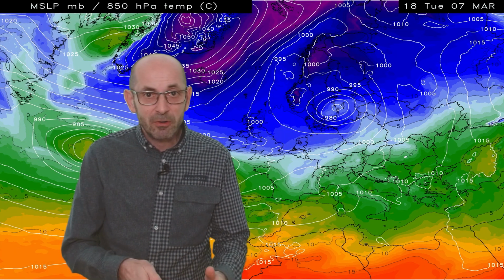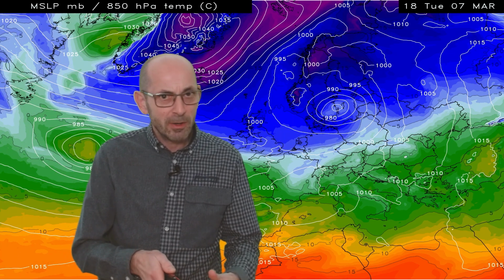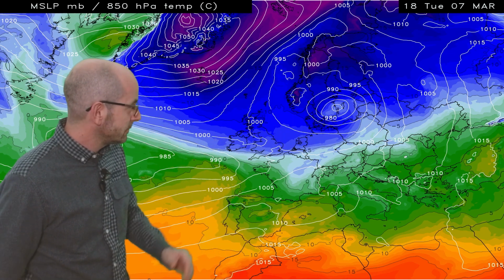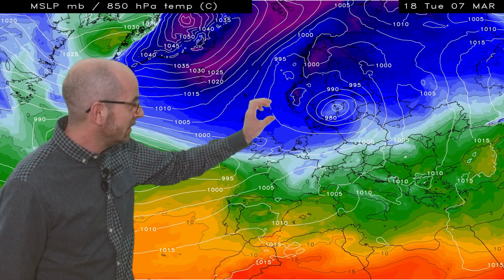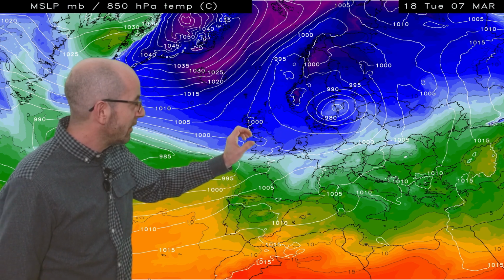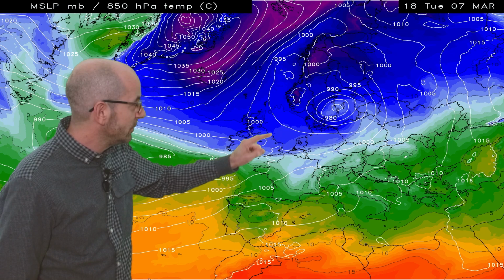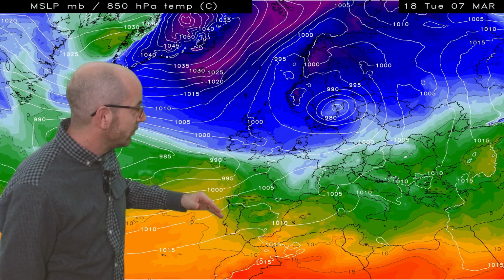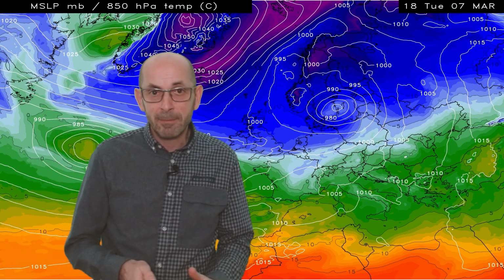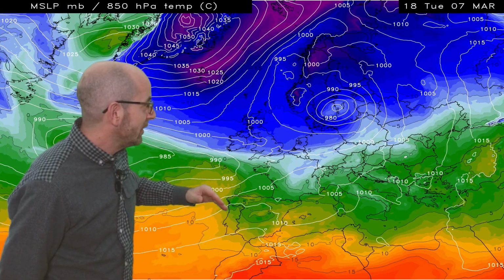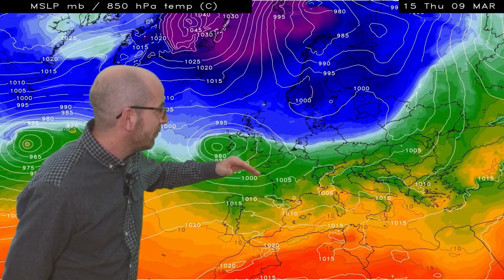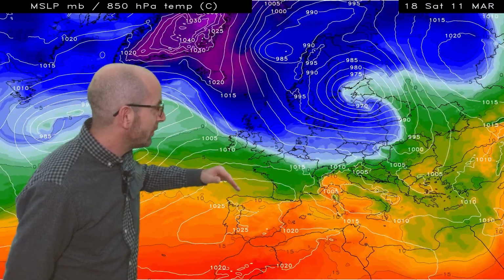The air temperature sequence helps explain things quite well. It begins at the same time. The blue and purple shading here indicates very cold air. It's covering all parts of the UK, but the greens, yellows and oranges to the southwest are the milder air. As I run this, the trend is for that milder air to move northwards progressively through the week.